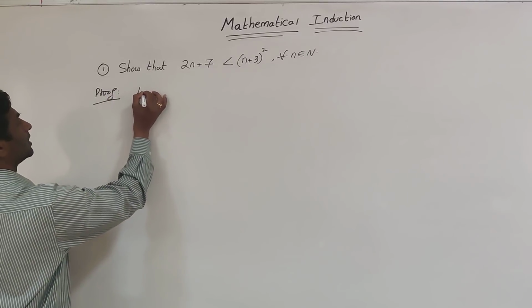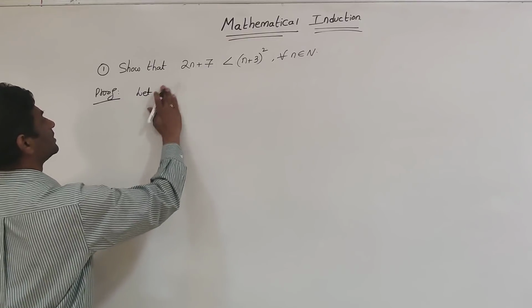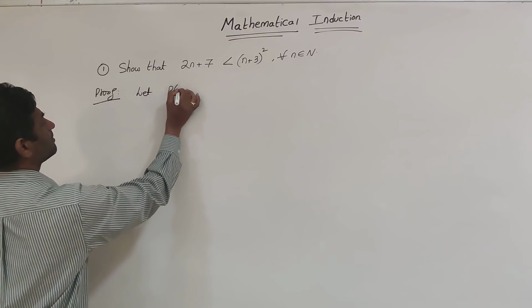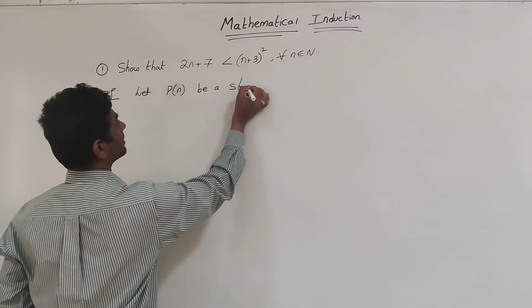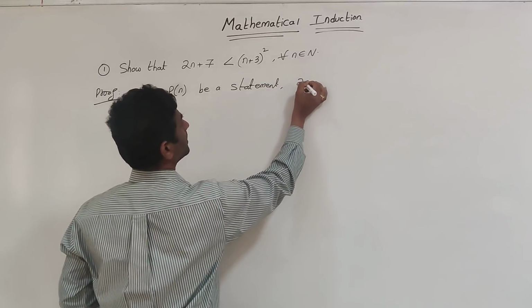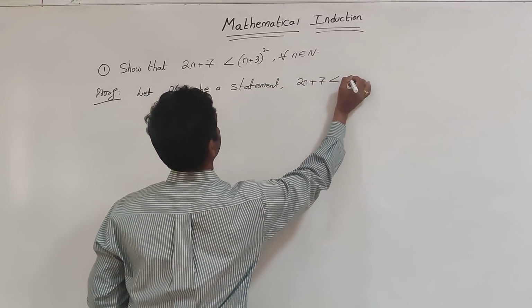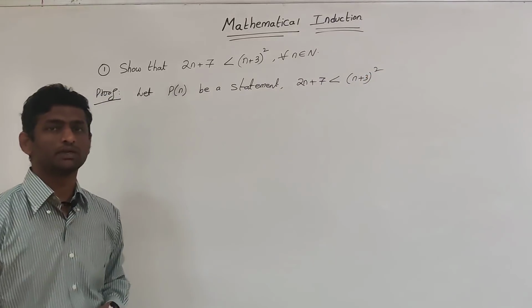First of all, let P of n be a statement. So what is our statement? 2n plus 7 is less than (n plus 3) whole square. That is our statement.